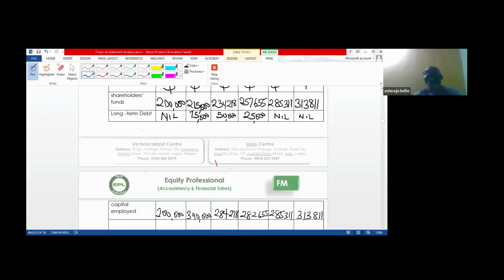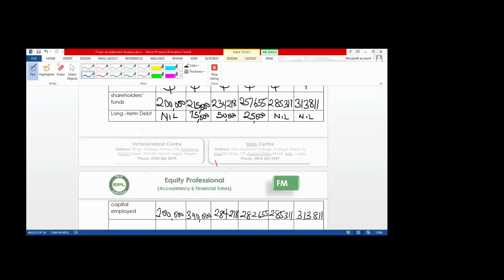We can calculate our ratio now. That year one is 290, not 390.